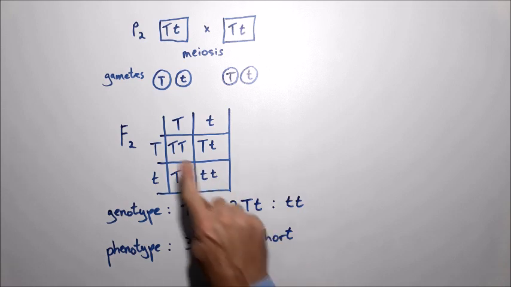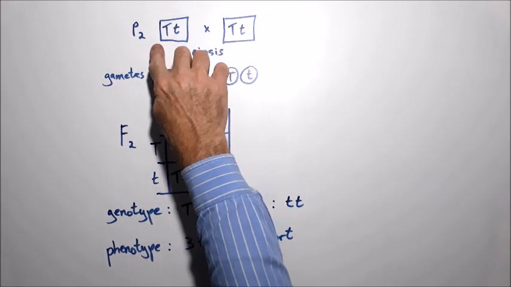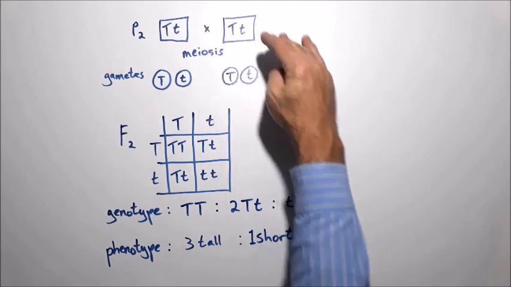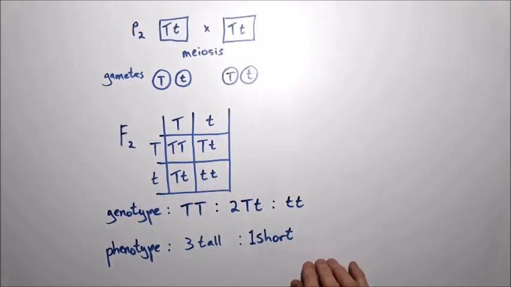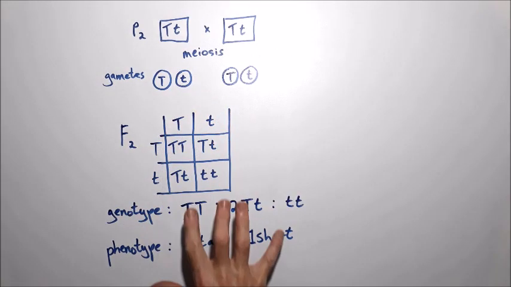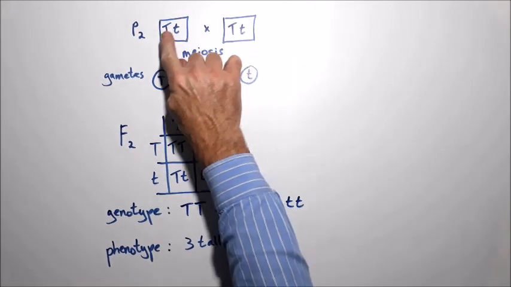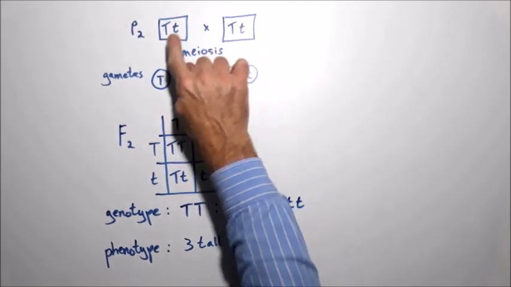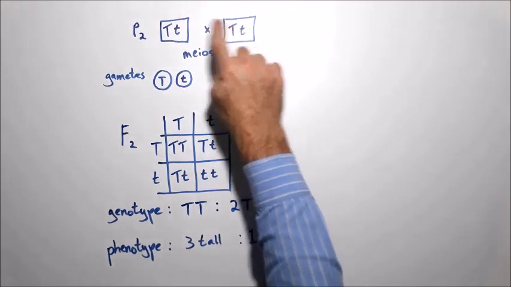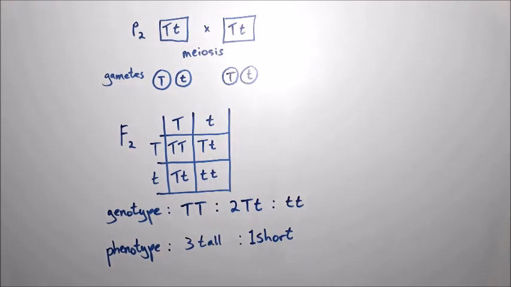When he inbred the F1 generation, creating the P2 generation, he got this amazing outcome of 3 talls to 1 short, always in that ratio. And this is how we'd express a full genetics problem, remembering if they ask you to inbreed the F1 generation from that previous slide or that previous video.